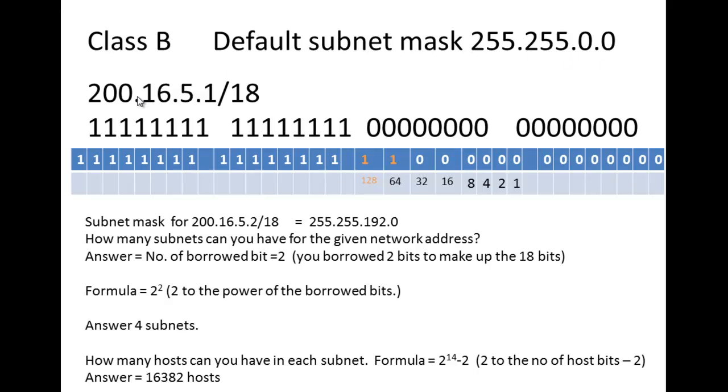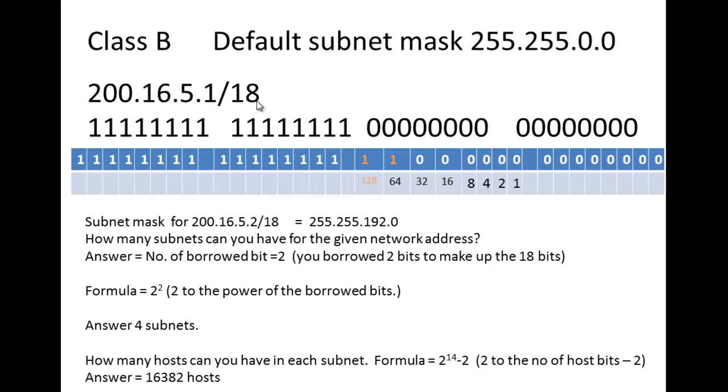The address that we've been given is 200.16.5.1/18. That means we're subnetting, because the default would have been /16, and that would be the whole network. We want to divide up this network, so we give a notation of /18.